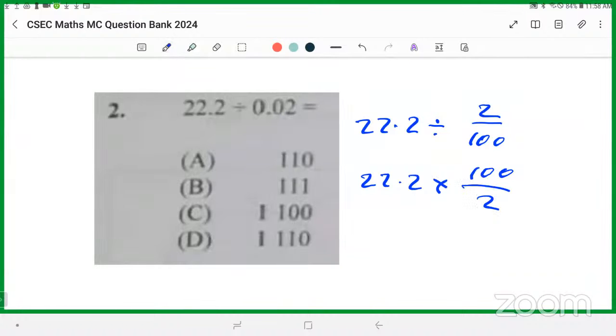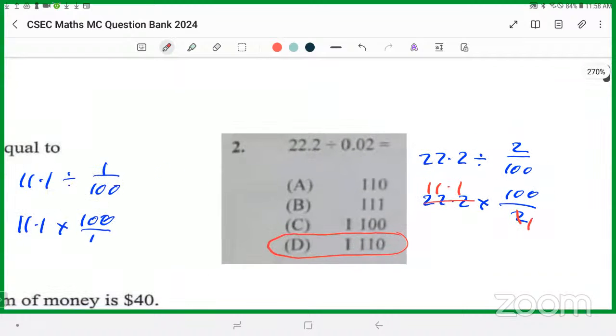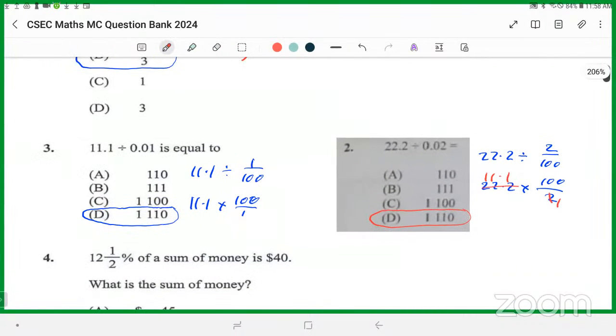So this 200 here cancels down the 2's here and turns this into 1.1. And then it becomes this answer again. Well, decimal point 2 places to the right becomes 1110. All right, so basically that's the same question from 2 different papers set that way.